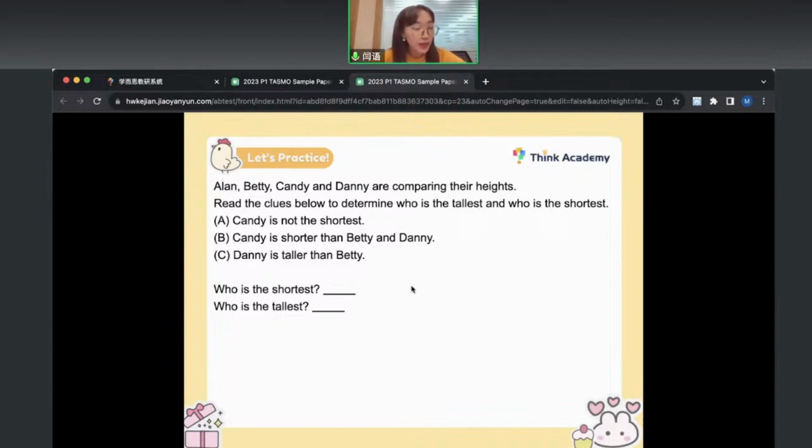Okay, so here everyone, maybe you can try it by yourself first, okay? Teacher Apple can give you 1 minute. Try to draw the magic arrow by yourself.